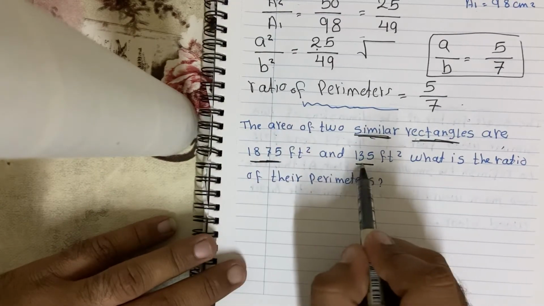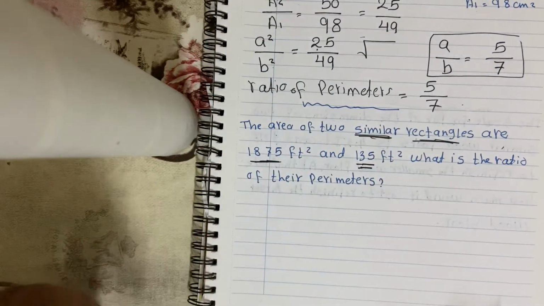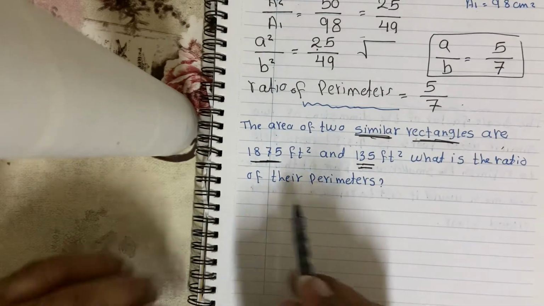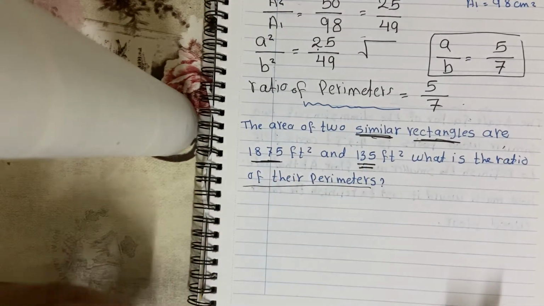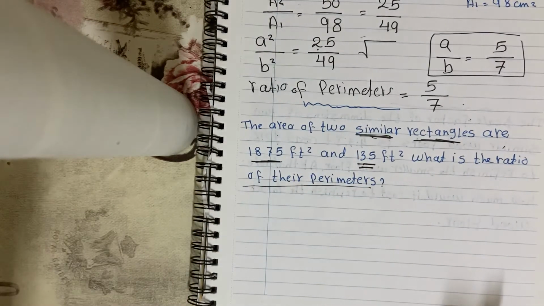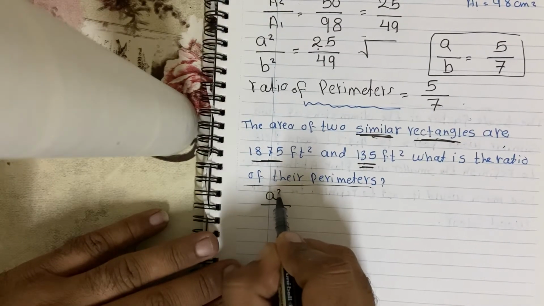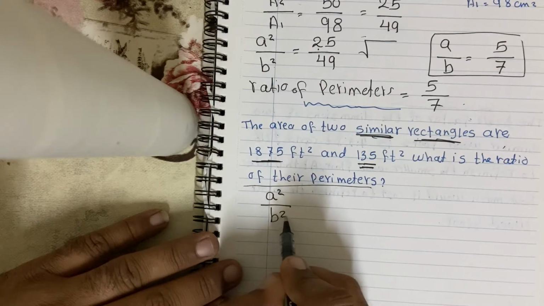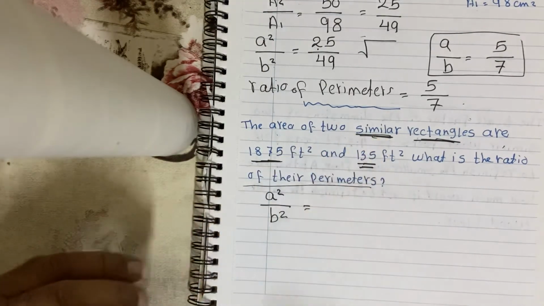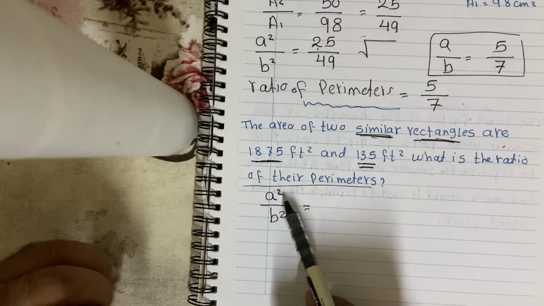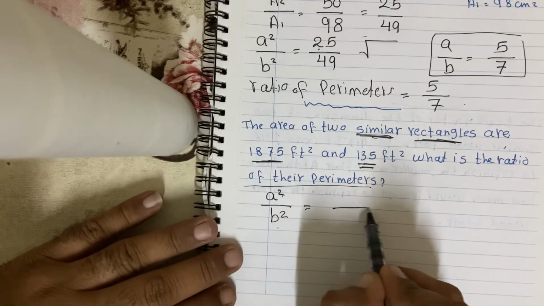The areas of two similar rectangles are 1,875 and 135 feet square. What is the ratio of their perimeters? First, we need to find the scale factor. Here we are going to use A power 2 over B power 2 because it's area.